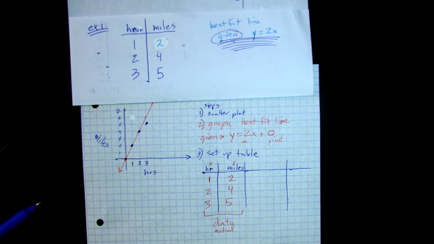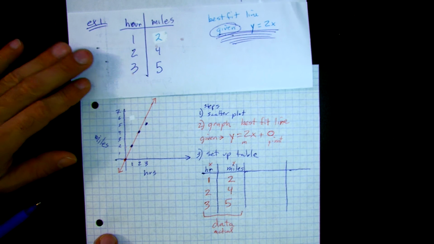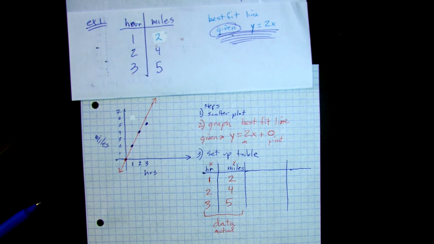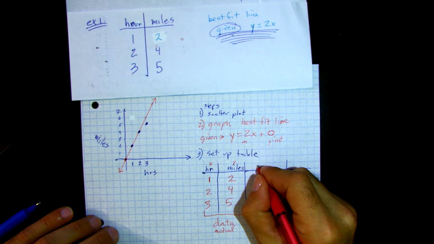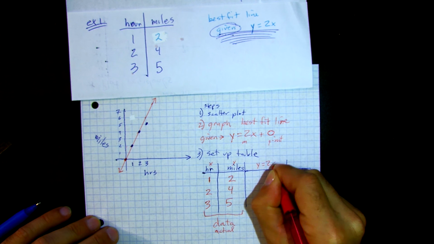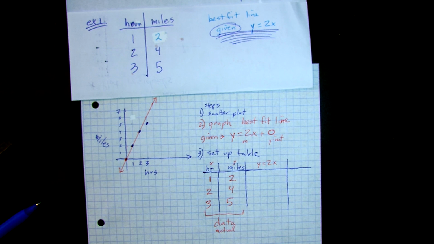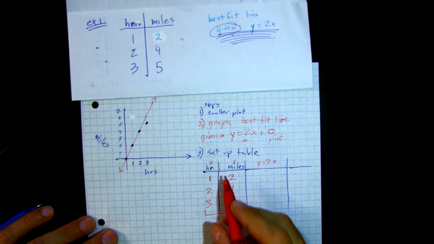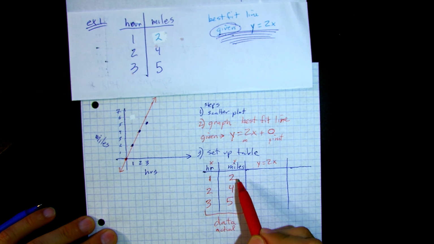And it's slightly different than my line of best fit, you might notice. With my line of best fit, I know it's y is equal to 2x. After 1 hour, my actual distance is 2 miles. After 2 hours, my actual distance is 4 miles. After 3 hours, my actual distance is 5.